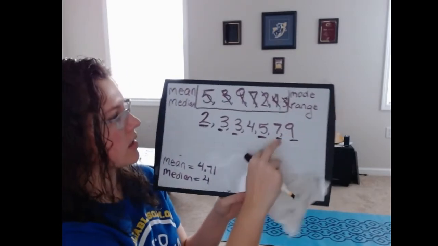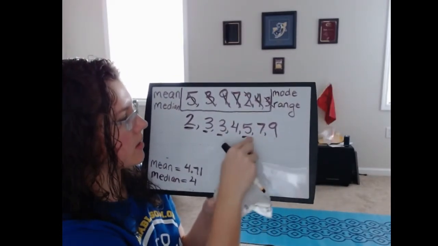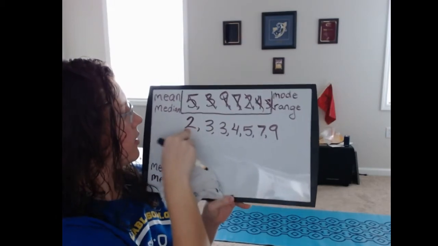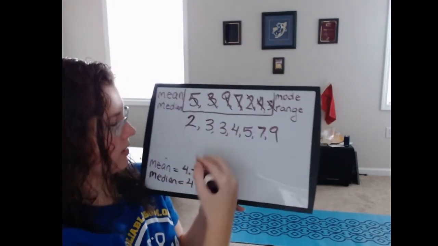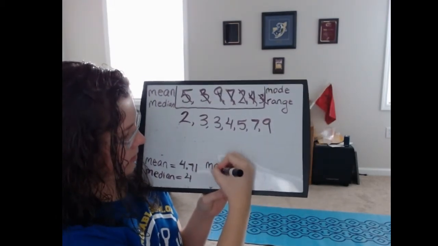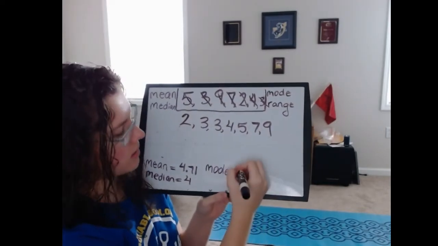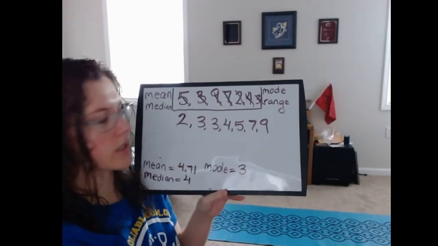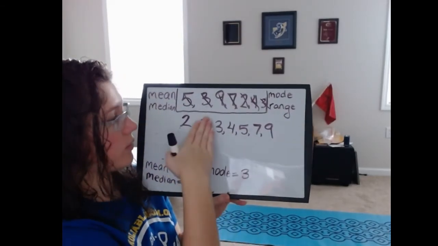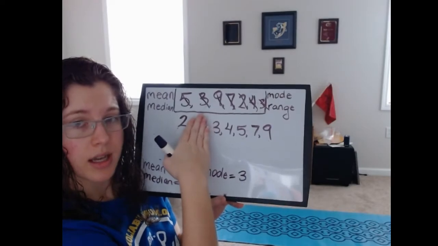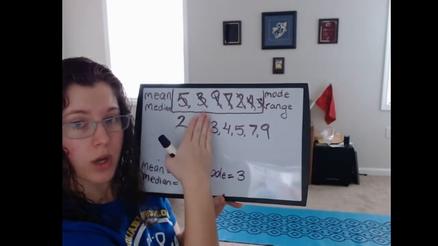Next, we are going to look at the mode, and that is just the number that is repeated the most in our data set. So you can just glance and see what that is. That's always going to be one of the easiest ones. That's going to be 3, because 3 is said twice. However, if we didn't have one of these 3s, every single number would just be repeated once.